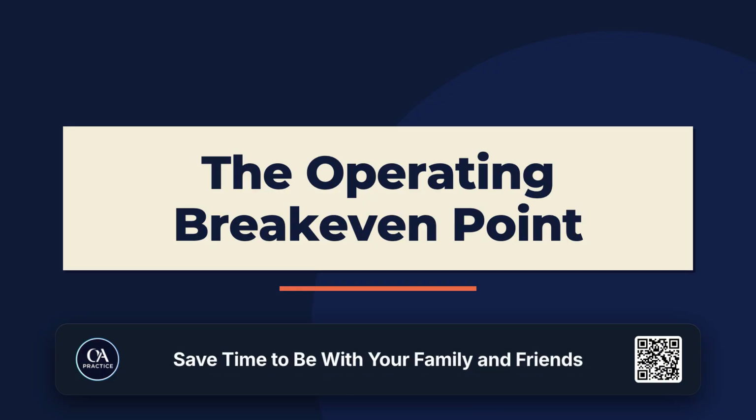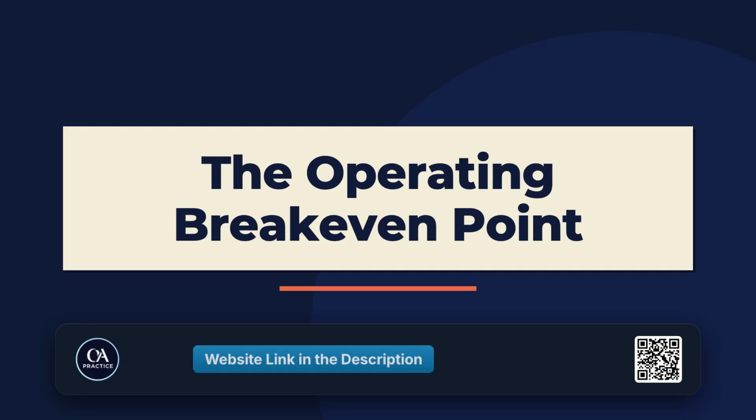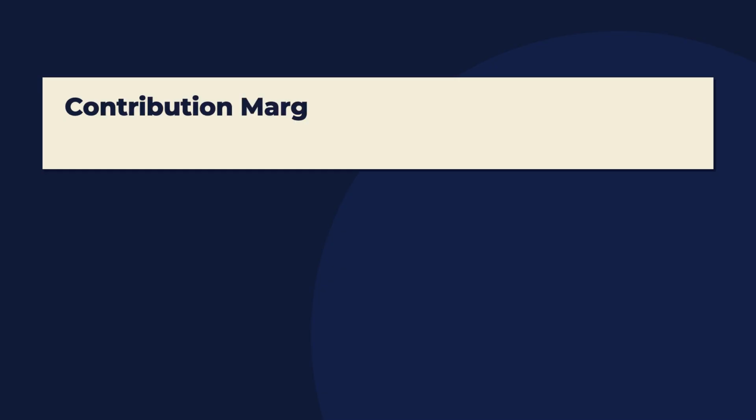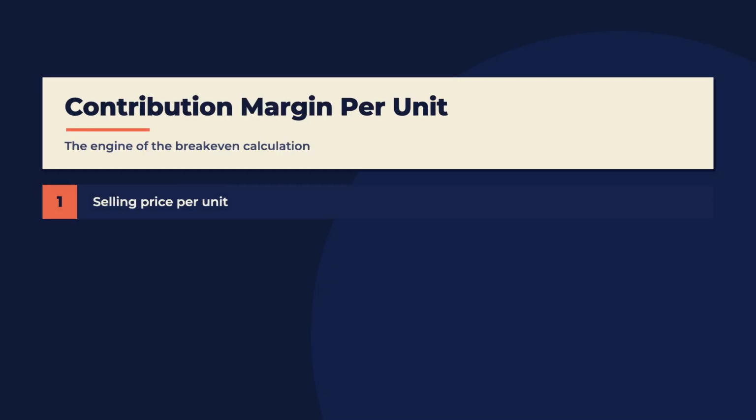Every manager wants to know one thing before committing to a cost structure: how many units must we sell just to stop losing money? That volume, where operating income equals exactly 0, is the operating break-even point. The contribution margin per unit is selling price minus variable cost.